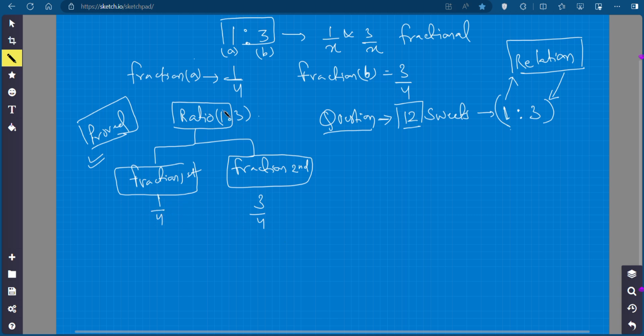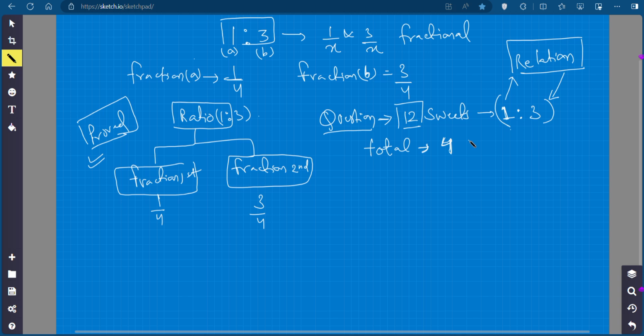Well, it's a simple addition of a and b. A and b, so the total is 4. What does 4 mean here? How do I explain 4? Well, it's a total that tells me the whole.